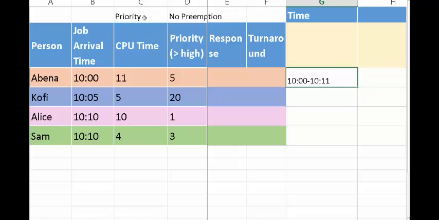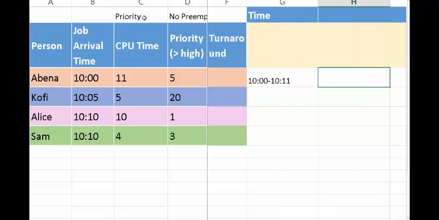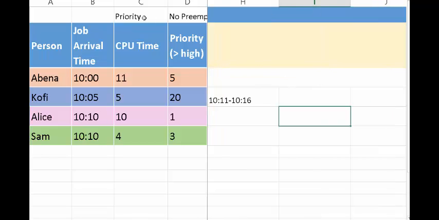But by the time she finishes, the person with the highest priority is Kofi, so he gets to go next from 10:11 all the way, he goes for 5, so 10:16. Right. And then of the 2 people remaining, the person with the highest priority is Sam, so she goes from 10:16 for 3, that's 10:19.